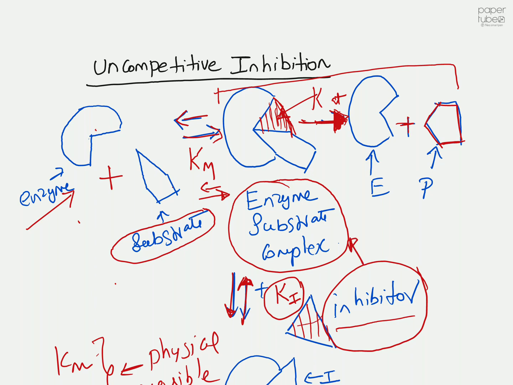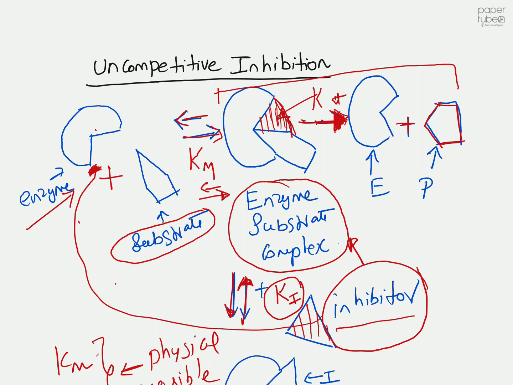It will never compete for the same binding pocket of your substrate with the enzyme. So it will never compete with enzymes. It will compete only with the enzyme substrate complex. That's why we call it an uncompetitive inhibitor. This type of inhibitor that competes only with the enzyme substrate complex, we call uncompetitive. They will never fight for the space together with the substrate.